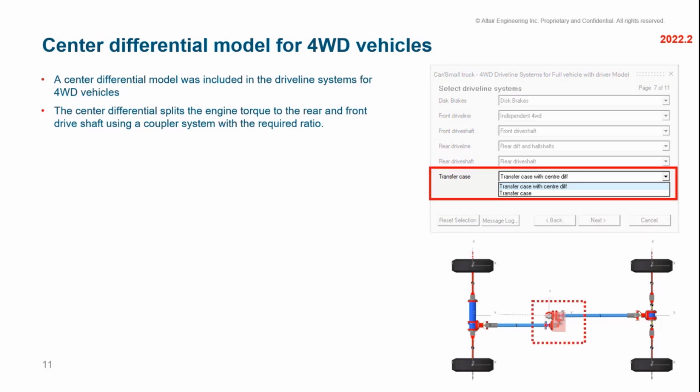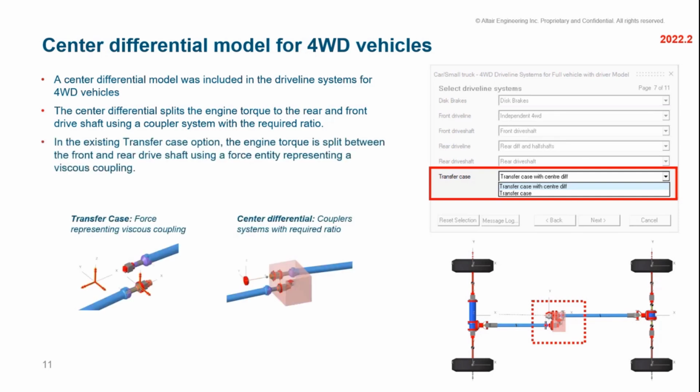We already had a transfer case in the previous release, but the difference between the transfer case and the new center differential is that the transfer case before was represented using a force to do the visco coupling, while now the new differential model is just a coupler, where it's easier to define the differential ratio instead of having to compute the force necessary to represent the differential model.